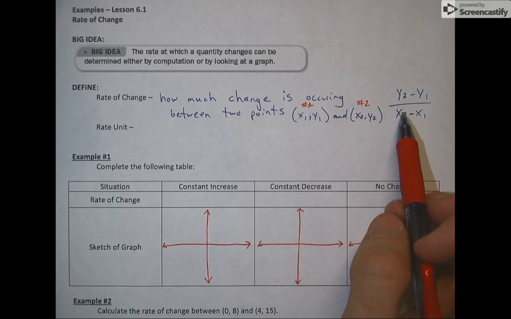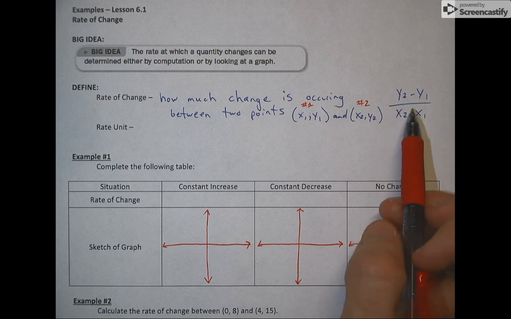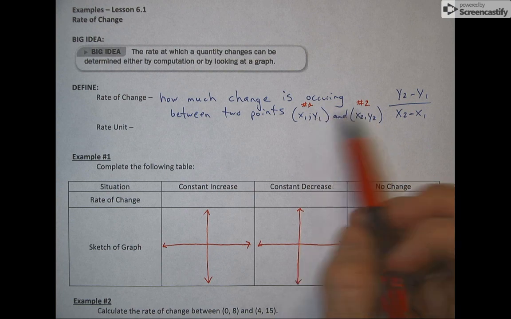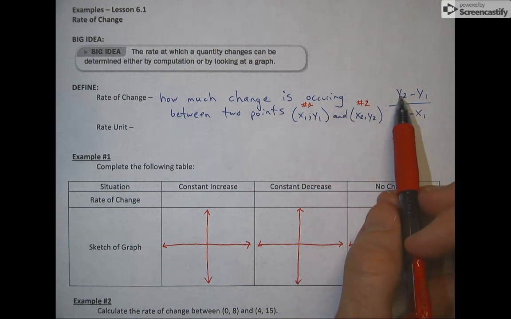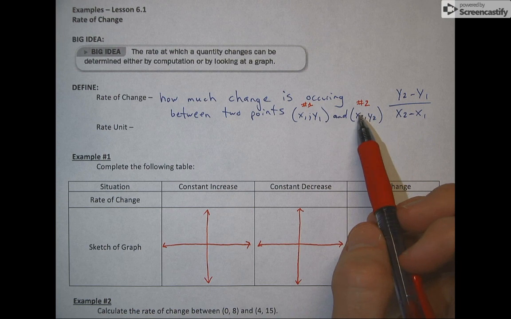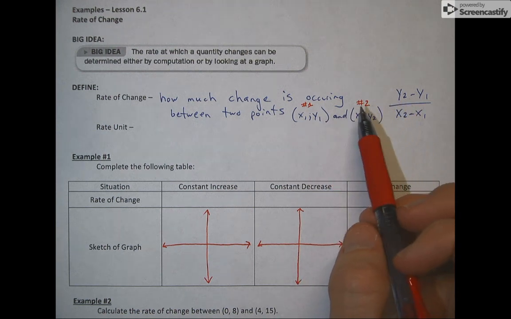So if you want to find the rate of change, you're going to subtract your y values and you're going to subtract your x values. Now notice that it says y2 minus y1 and x2 minus x1. You actually can subtract it the other direction. Okay, you don't have to do 2 minus 1 and 2 minus 1 in terms of the points. You can go the other way, but you do need to be consistent.